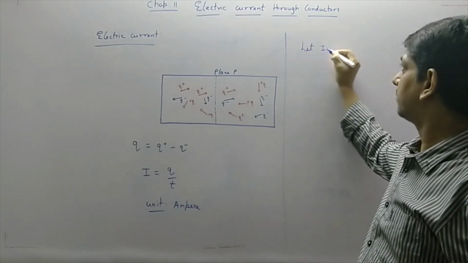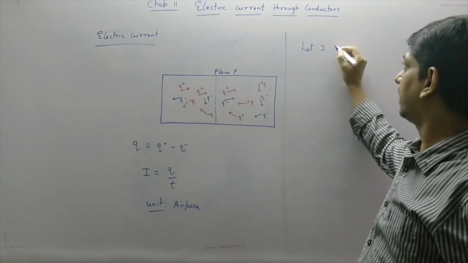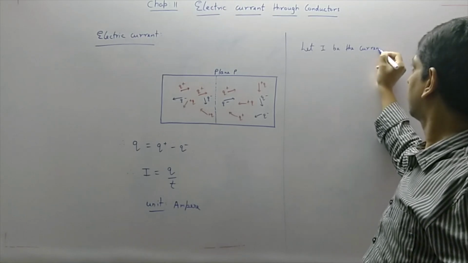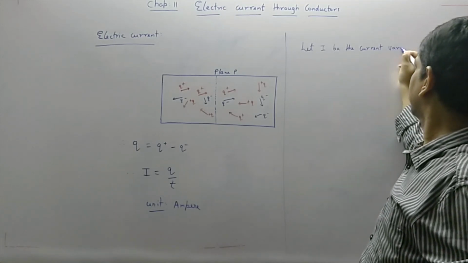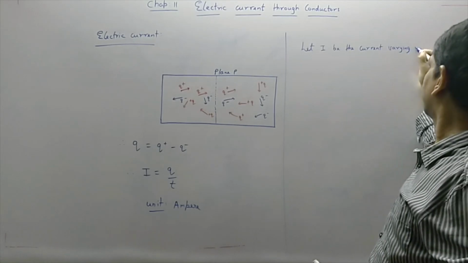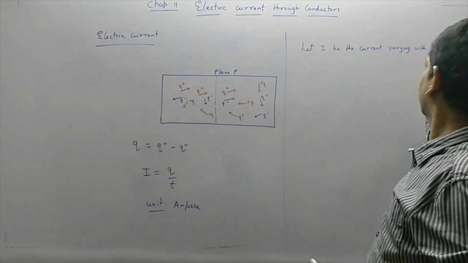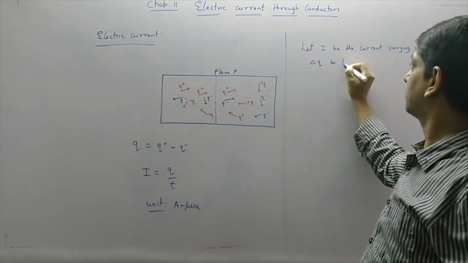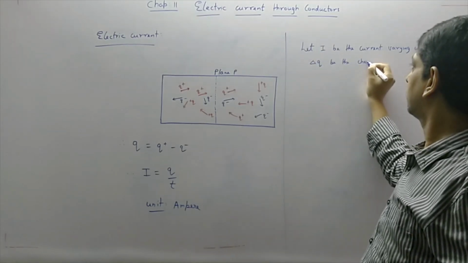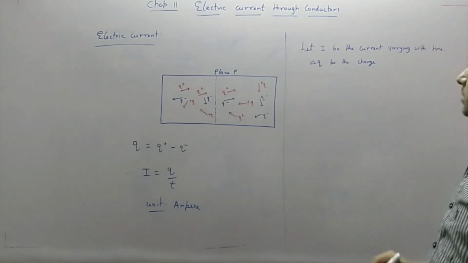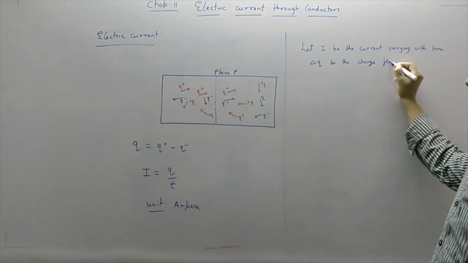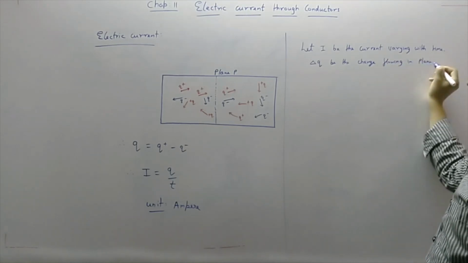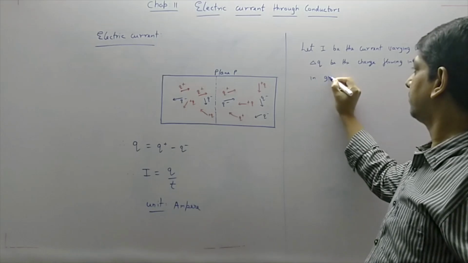Let I be the current varying with time. Delta Q be the charge flowing in the plane in a given time.